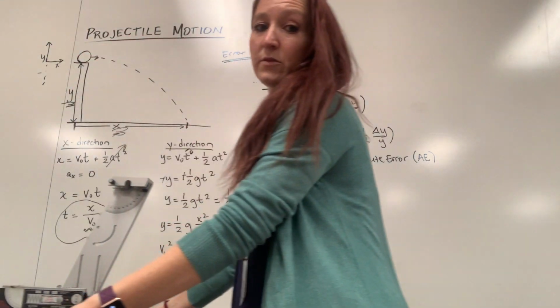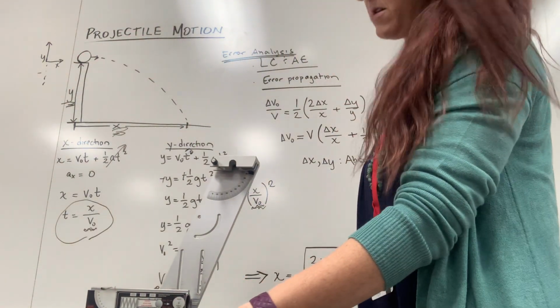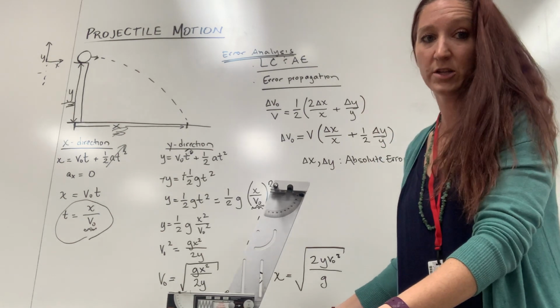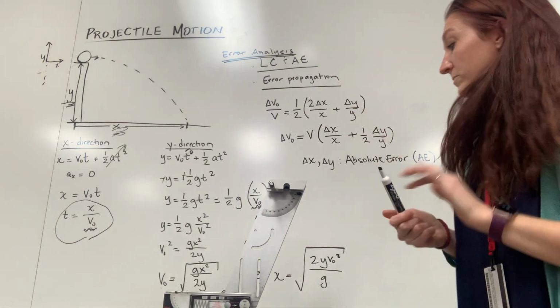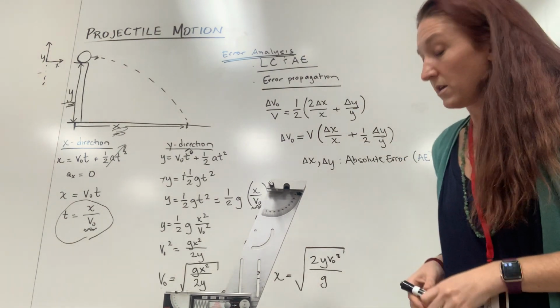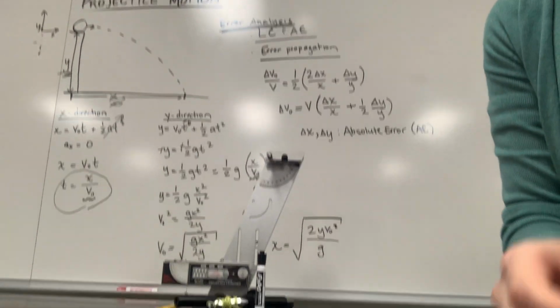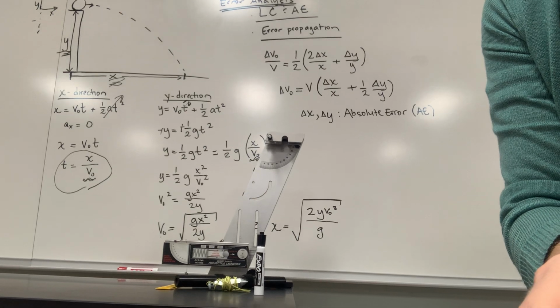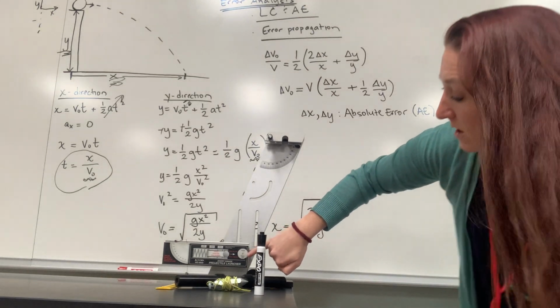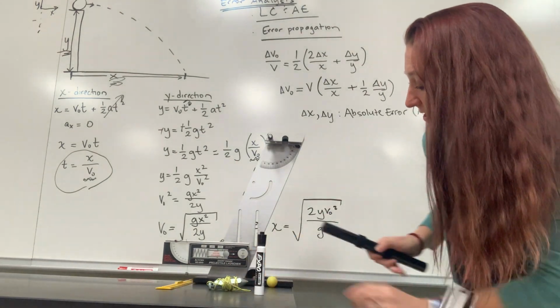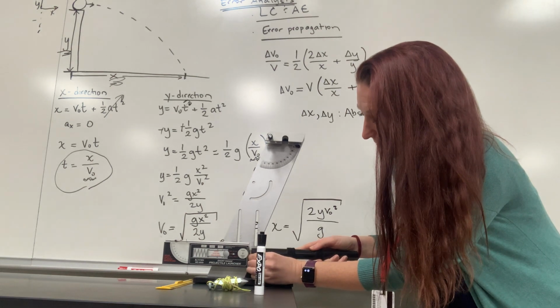So if we were in the lab, this is the device that we would be using. We have a launcher right here. If we get a little bit closer here, we can see there is a mark on the launcher which shows us exactly where the ball will be shot from.